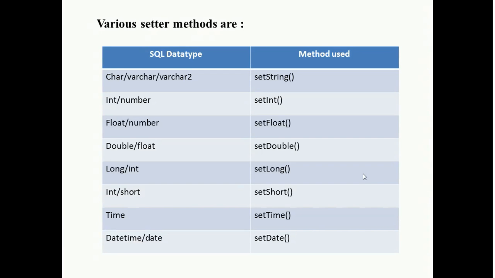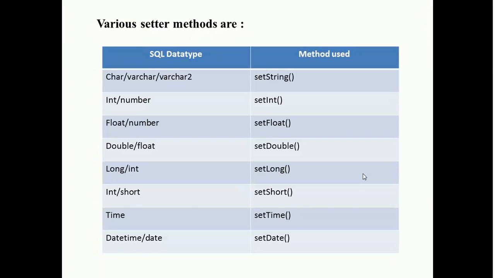See, some various setter methods by SQL data types. Character, varchar, varchar2, the method is setString. Int number, the method is setInt. Float number, the method used is setFloat. Double, the method used is setDouble. Long int data type, the method used is setLong.